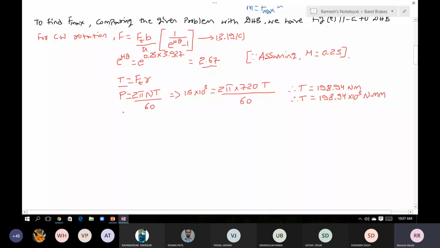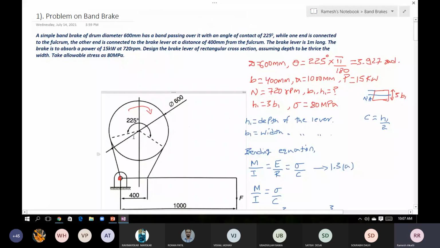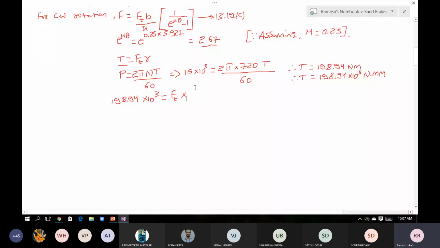Therefore, 198.94 into 10 raised to 3 is equal to tangential force into radius. The diameter of the drum is given as 600. Radius is d by 2, therefore radius is 600 by 2, which is 300.